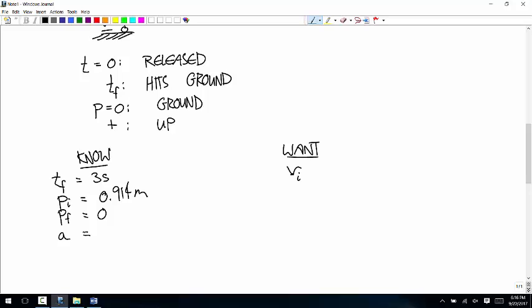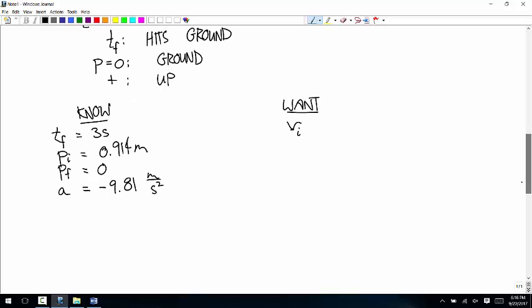And we know the acceleration. So P final is equal to P initial plus V initial time final plus 1/2 A time final squared.